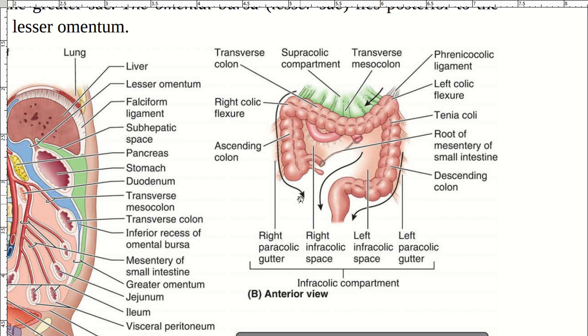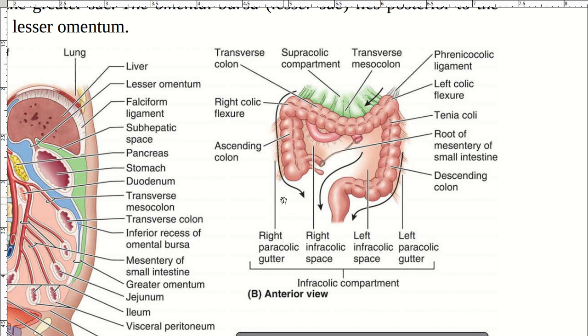Right, so you can actually see these arrows, right? So this is going to be your right paracolic gutter, so just a space that will communicate the infracolic compartment and the supracolic compartment. So you have your right and left paracolic gutters, right, which are very important, so that you can actually have infection or pus or an abscess that is coming from your burst appendix, right?